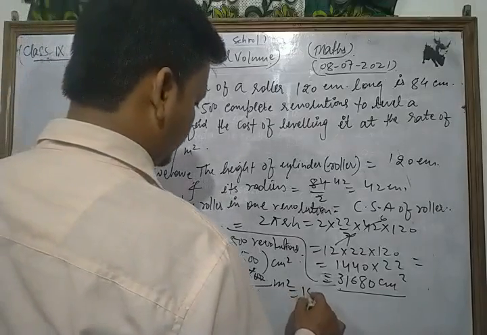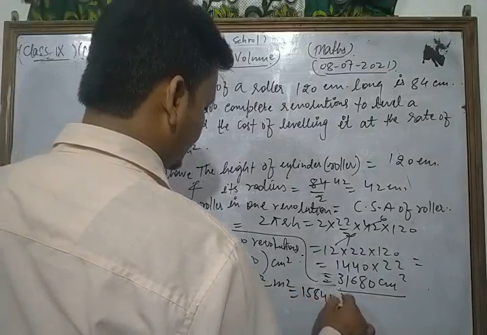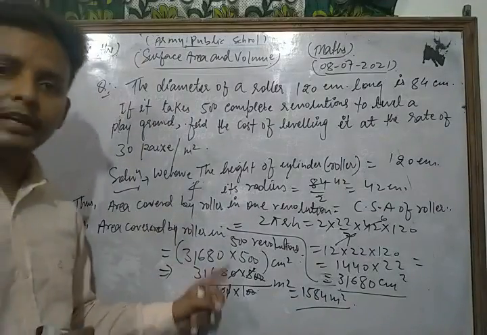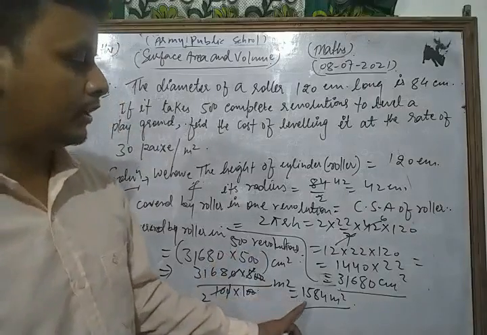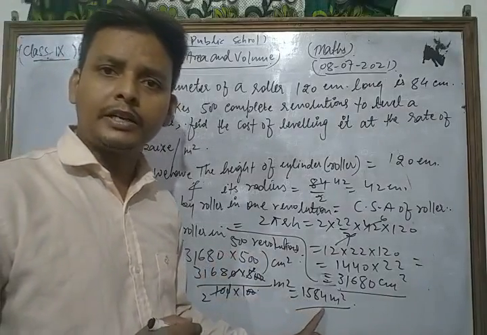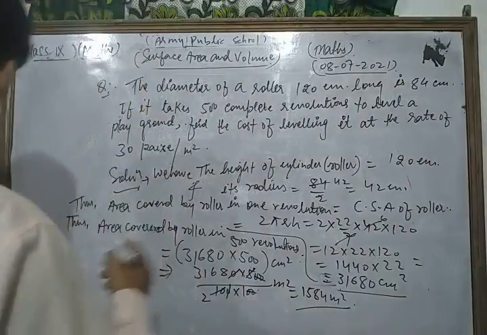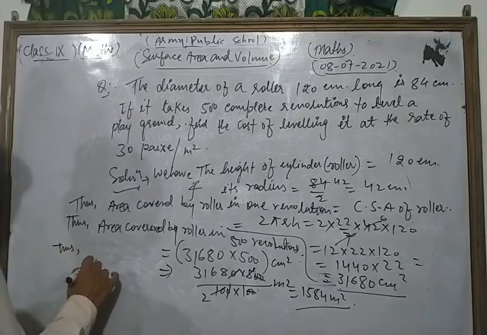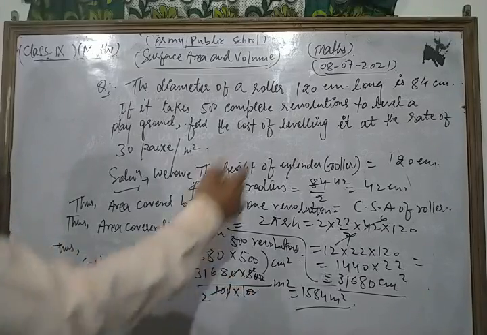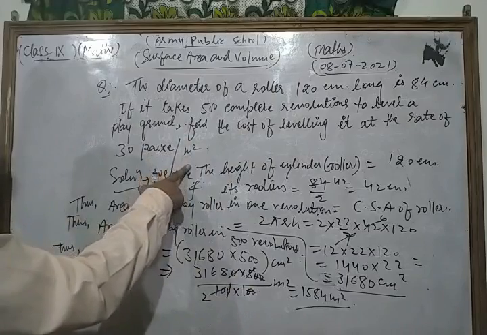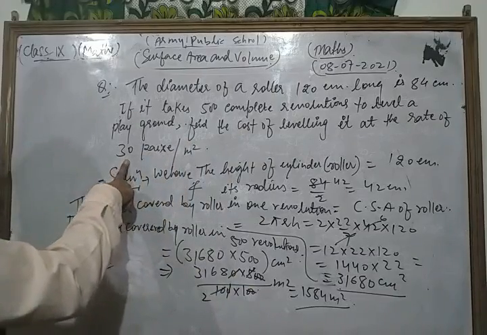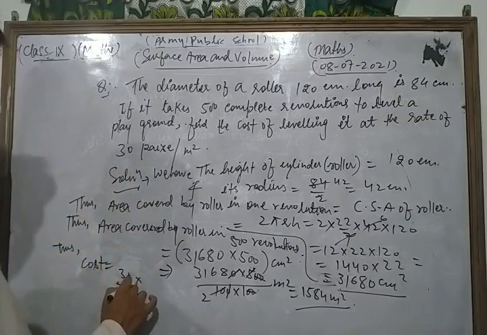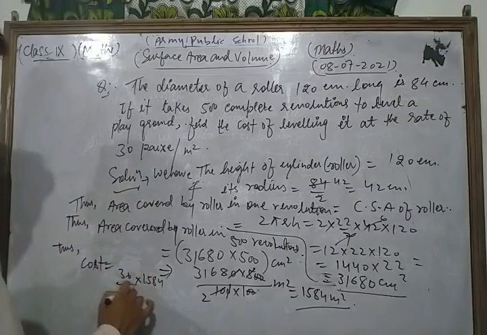1584 meter square. So in this way the area covered by the roller in 500 revolutions is 1584 meter square. Thus the required cost we multiply by that meter square, so 30 paise, we convert into rupees, so 30 upon 100 into 1584.